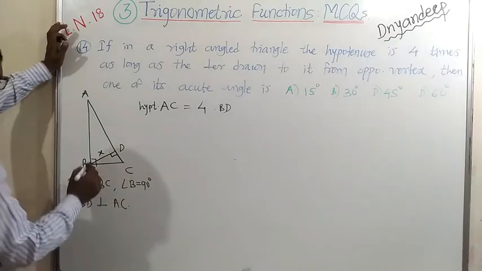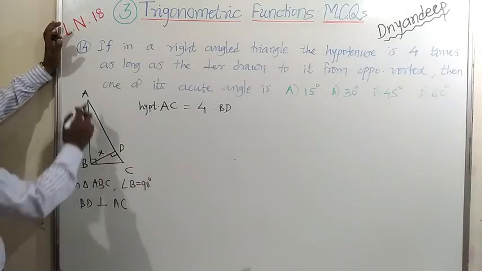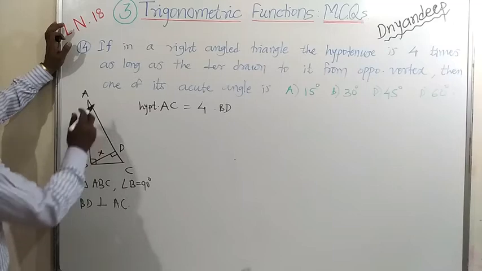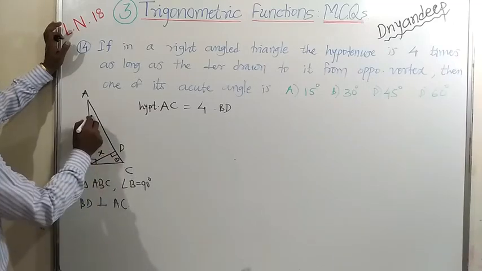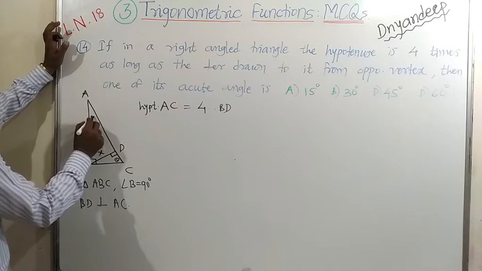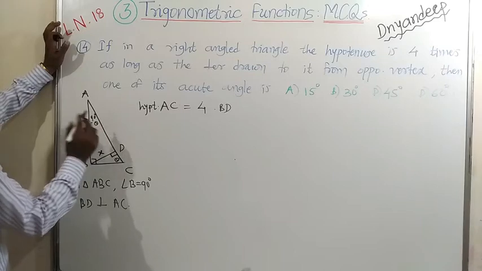Obviously, as this is a right angle triangle, both the other angles are acute. If this angle has measure theta, this will be 90 minus theta.